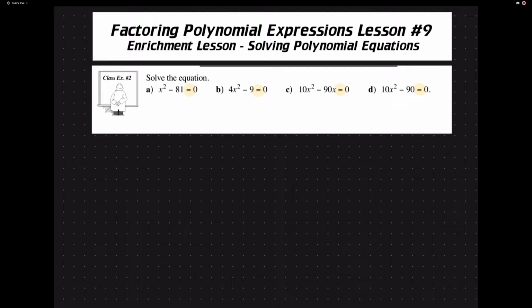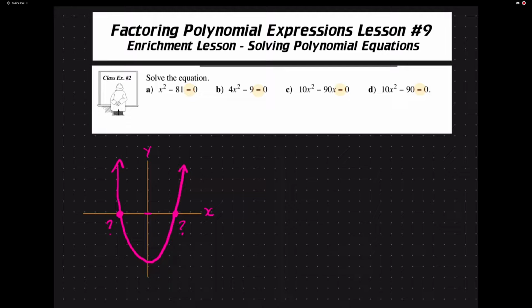A parabola is a shape on the XY coordinate system that is going to look something like this. At this point and this point, where y is equal to 0, because remember this is y and this is x, what is the value of x right there, and what is the value of x right there?